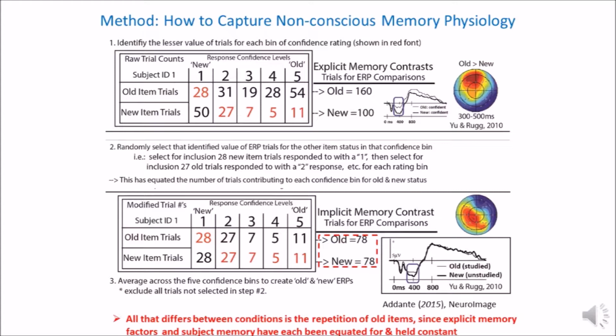So you randomly select 5 of these 28 and randomly select 11 of these 54. You average across. So visually, the way that works is you end up with the same amount of trials in each consciously reported condition, and you average those across to create a condition of old information. You'll average these across to create new.